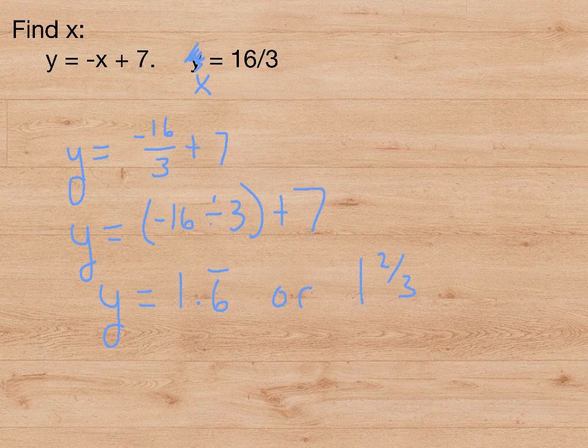Again, we need to finish with our solution, and our solution in this case is 16 thirds and 1 2/3. Alright, now I'm going to give you time to practice a couple of questions before you move on.